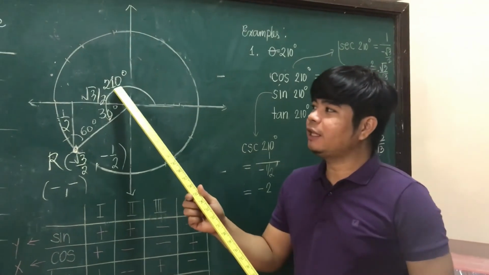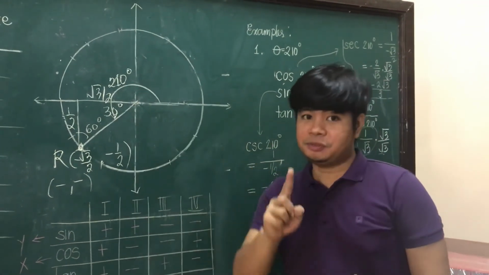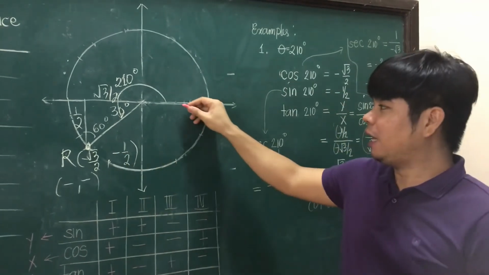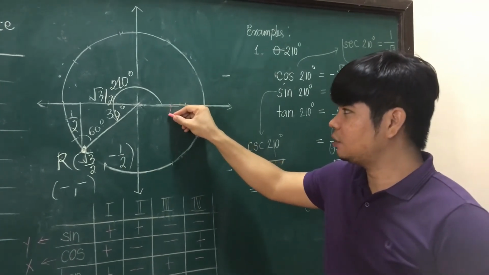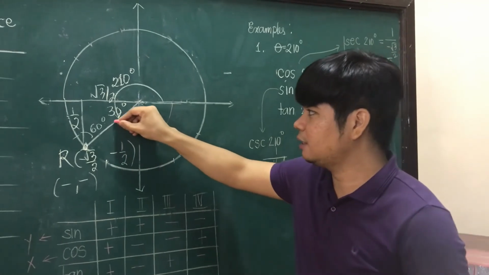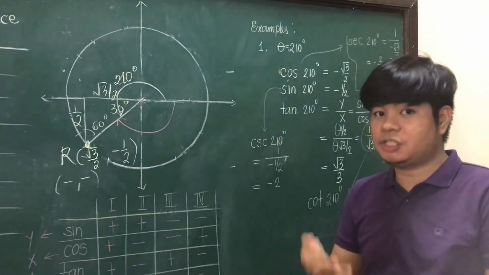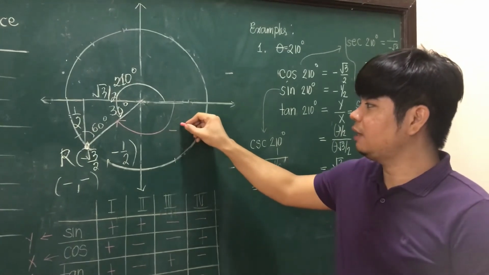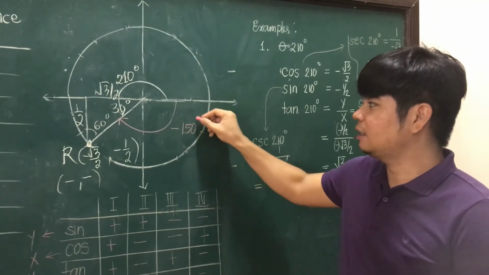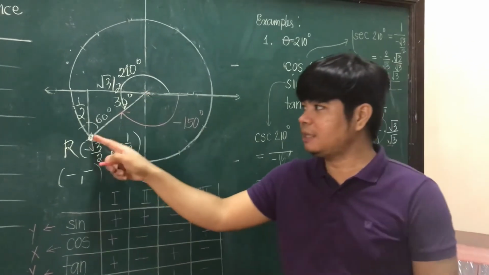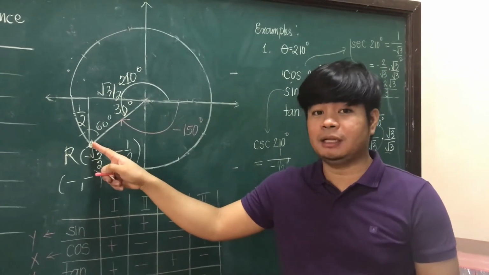Remember that this 210 degrees is angled in standard position, which is counterclockwise in rotation. If I create an angle that is coterminal to 210 degrees, the measure of this angle, in clockwise rotation, is negative 150 degrees. This negative 150 degrees also shares the same terminal side. That is why they are coterminal angles.